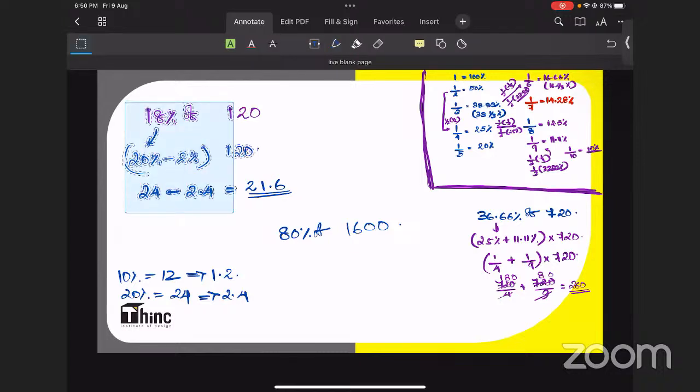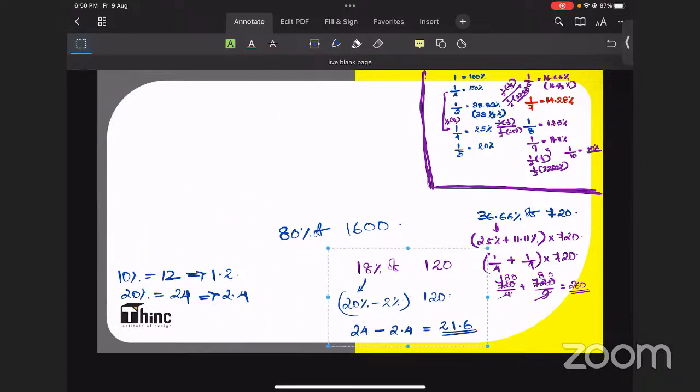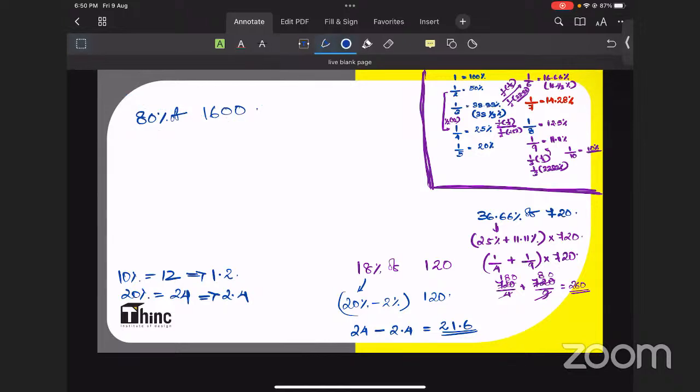I'm waiting for your replies. 80% of 1600. So what is actually 80%? 80% is 4 times 20%. You can take it like that. 4 times 20% means 4 into 1 by 5, that is 4 by 5. So simply taking 4 by 5 of that number is enough for finding 80%. So 4 by 5 of 1600.